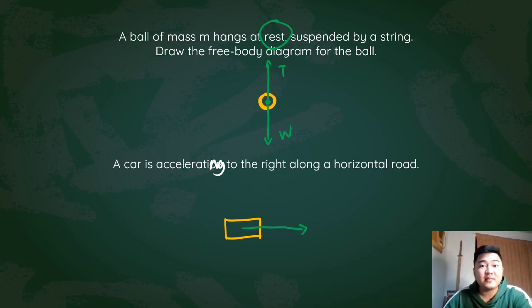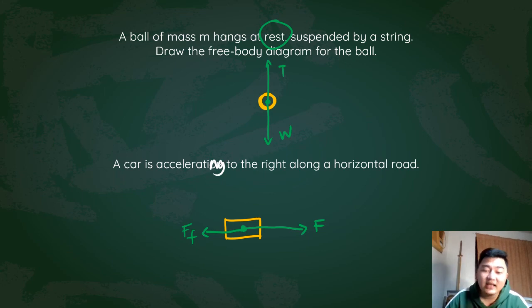The thrust created by the engine of the car causes it to move to the right. Now, between the tires and the road, there will be friction. But your friction force will be lesser compared to the thrust, or the force that causes the car to accelerate to the right. Why? Because again, it's accelerating. So there must be a net force going to the right.